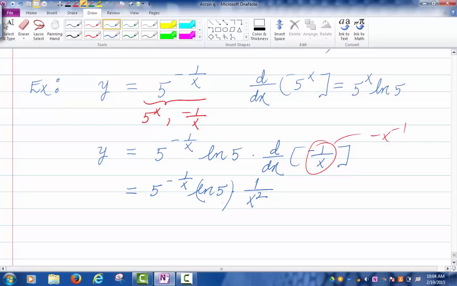Let's say I have y is 5 to the negative 1 over x. Now before I take the derivative, I am just going to apply the definition, which is this guy, I can express it in terms of the e to the x function. It is e to the what? Somebody please say, what is the exponent?